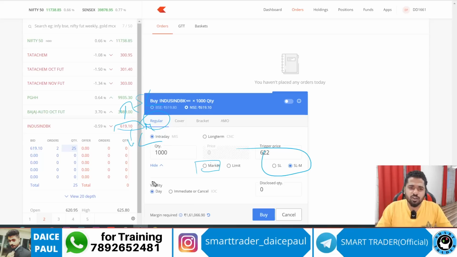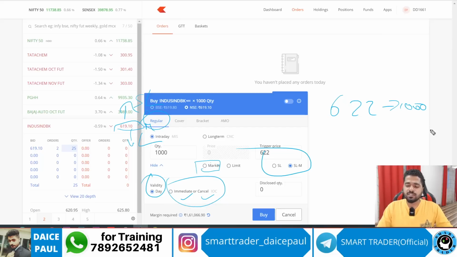Apart from that, you see something called validity and immediate or cancel. So don't break your head much. This immediate or cancel, or IOC, what you see in the mobile app or on the website, is nothing but immediate or cancel. So for example, you said buy 1000 shares for me at 622. Imagine suddenly there is nobody selling at 622, the price jumps to 623 somewhere, then your order is still pending in the market.